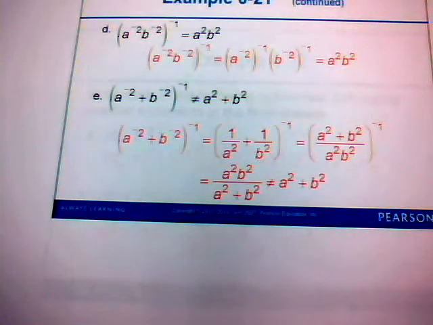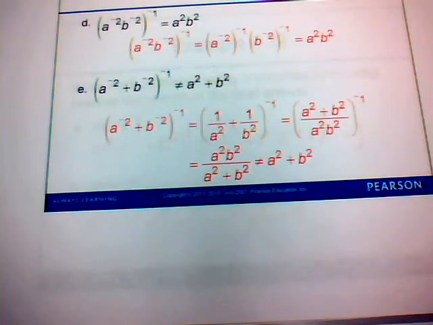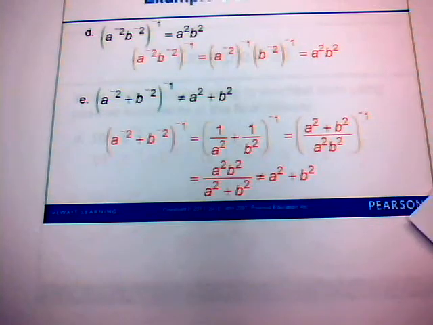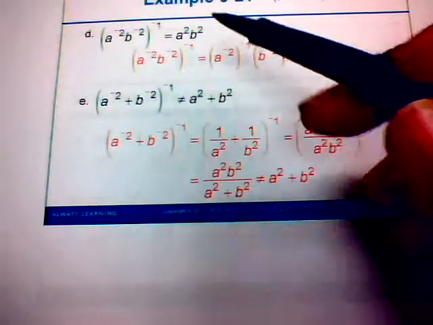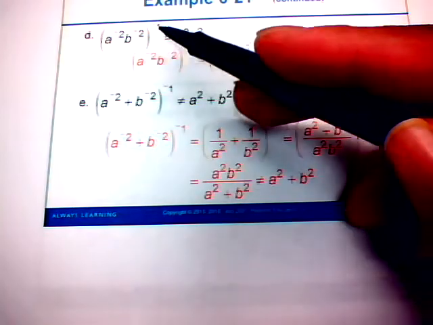Okay, this one, part D, a to the negative 2 times b to the negative 2, and that's raised to the negative 1, and you want that equal to a squared b squared. Okay, think of this.